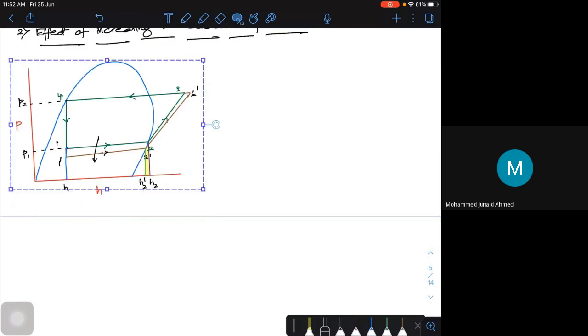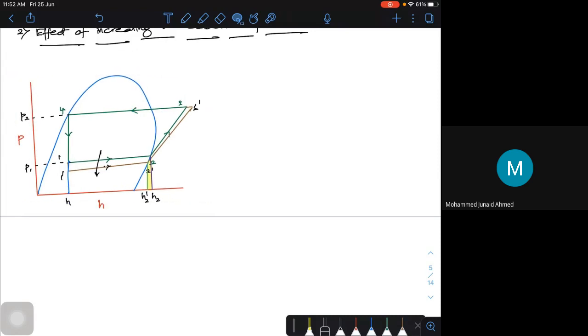This is the pH diagram I have. Now I'm going to increase your delivery pressure. How can I do that? This particular pressure, I will go to the next point, and then come to this particular point.